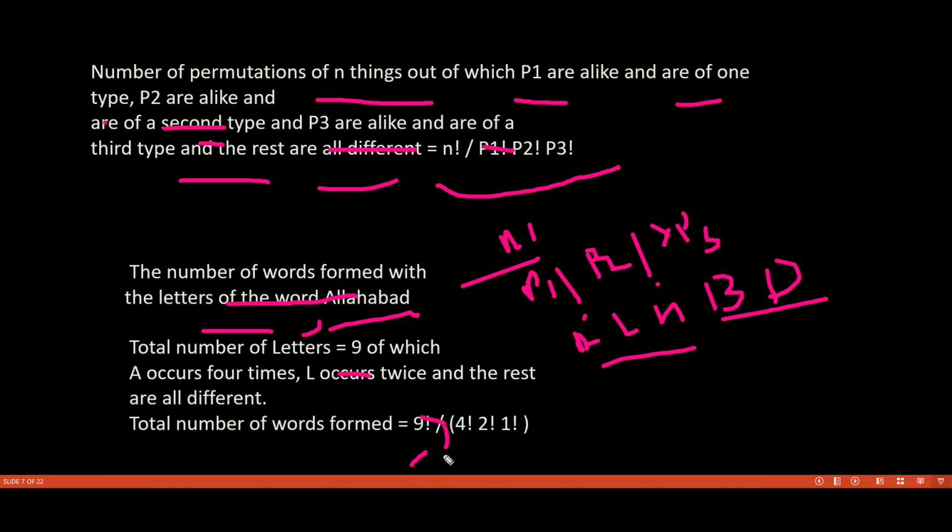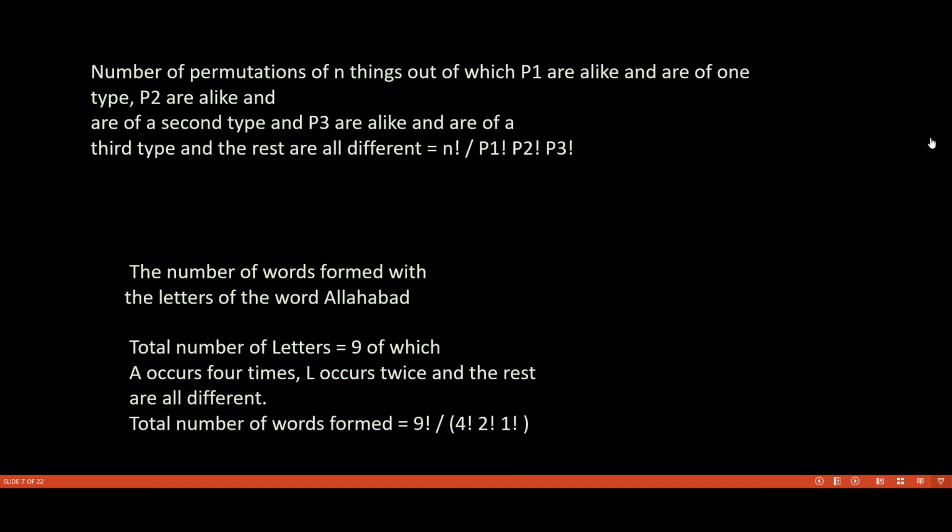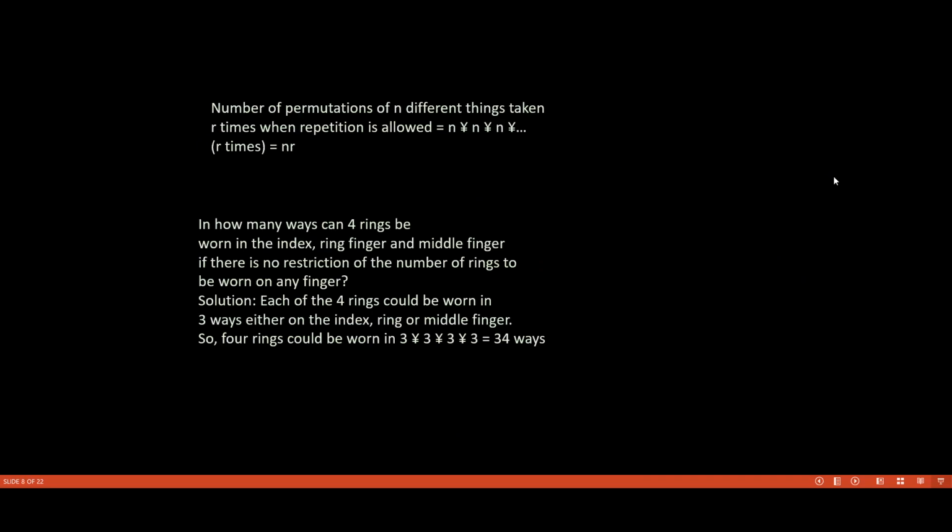We have 9 factorial, because there are 9 letters. Then A occurs 4 times, so we'll divide by 4 factorial. L occurs 2 times, so we'll divide by 2 factorial, and the rest are all different, so there is 1 factorial. All right, so let's move on to another case.